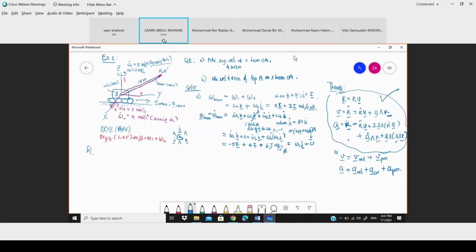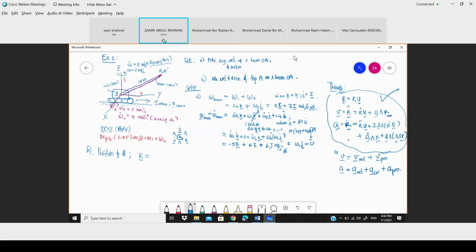So let us write down the position of point A. So we'll just write down R, which is going to be equal to, let me just use a symbol. I like to work with a symbol somehow.